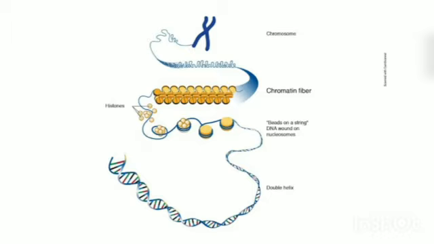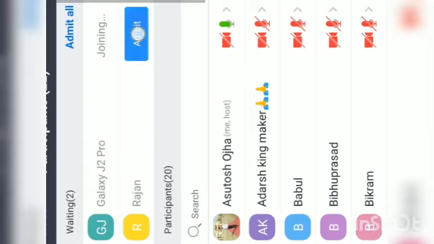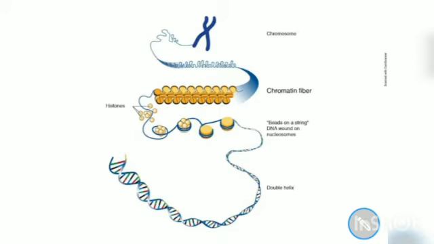Then if you again unfold that chromatin fiber or your DNA fiber from around the histone protein, look at here, this is how your DNA looks.